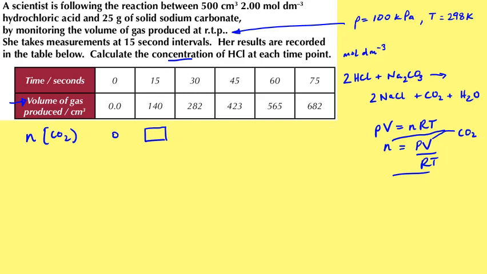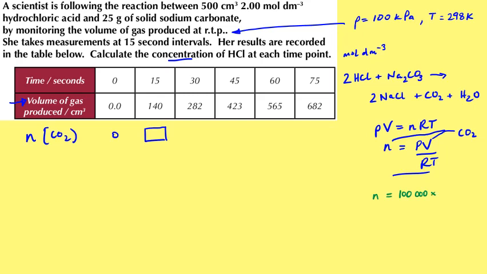So our moles at 15 seconds is going to be the pressure, which is 100. Now, be careful of units. We've got 100 kilopascals given up there, but the units in the ideal gas equation are pascals, so we need 100,000 of those.